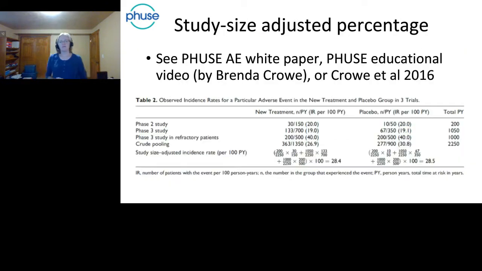In our FUSE white papers, for example, the adverse event white paper, but also the labs white paper as well, our FUSE collaboration is recommending what's called the study size adjusted percentage. In other words, stop creating those crudely pooled percentages, and instead create a study size adjusted percentage.